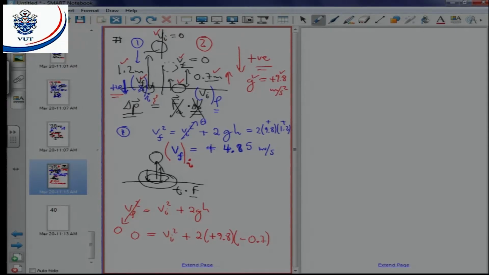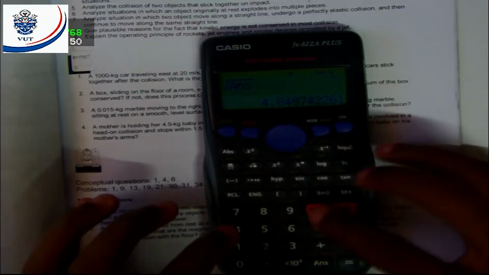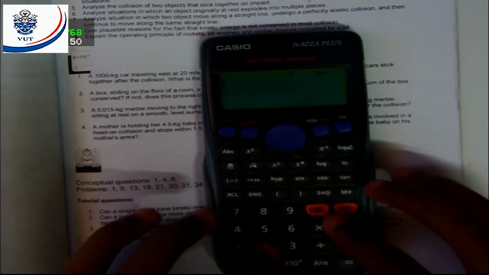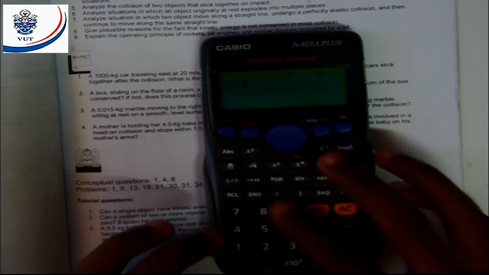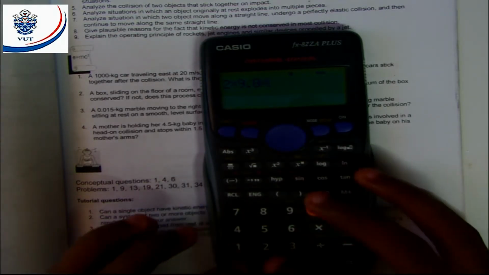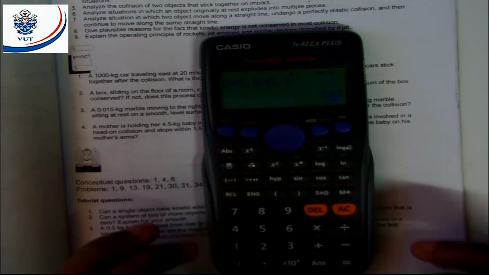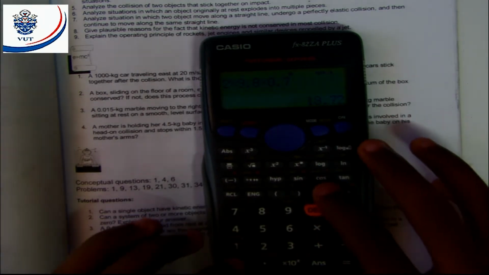Okay, you might be worried about how we're going to have a square root of a negative. Actually we won't, because if you take this to the other side, the negative becomes a positive. Now for Vi, if you just plug it in, you have 2 times 9.8 times 0.7 and that's Vi squared.